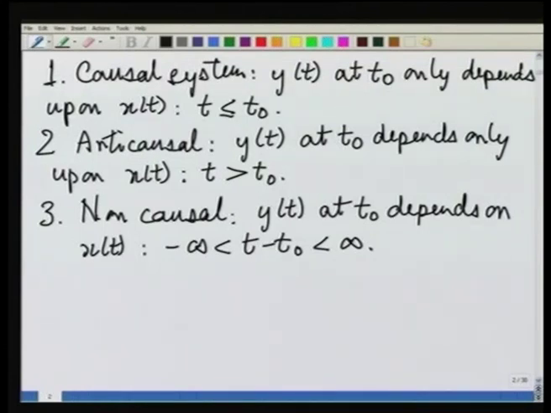Such a system would be non-causal. So, a non-causal system is a catch-all definition. Every system in some sense is a non-causal system, but in this general property we distinguish special cases such as the causal and the anti-causal. It is in this sense that we will use this term non-causal for our discussions: anti-causal, causal and non-causal. Anti-causal and causal both being instances of the general non-causal system.